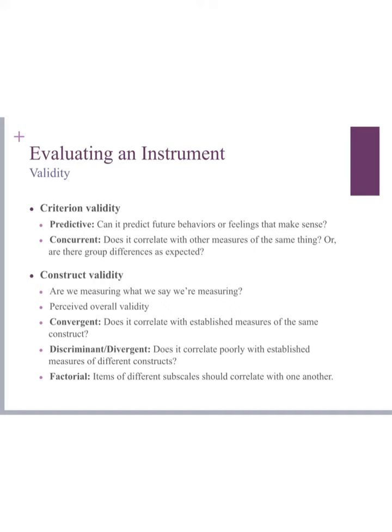And you might expect it to not correlate with a measurement of anything that doesn't have anything to do with therapeutic alliance, right? A measurement of relationship satisfaction with a partner. That shouldn't have anything to do with therapeutic alliance. So it shouldn't correlate with that because they shouldn't be related.